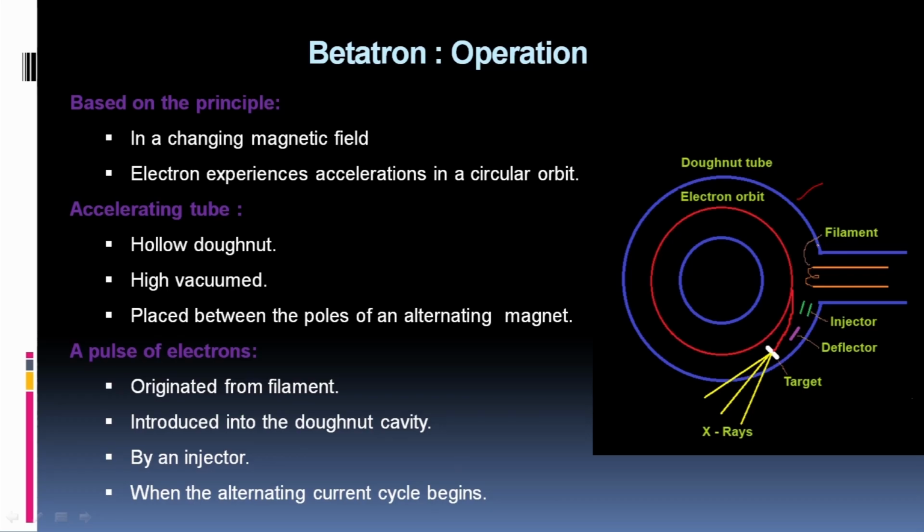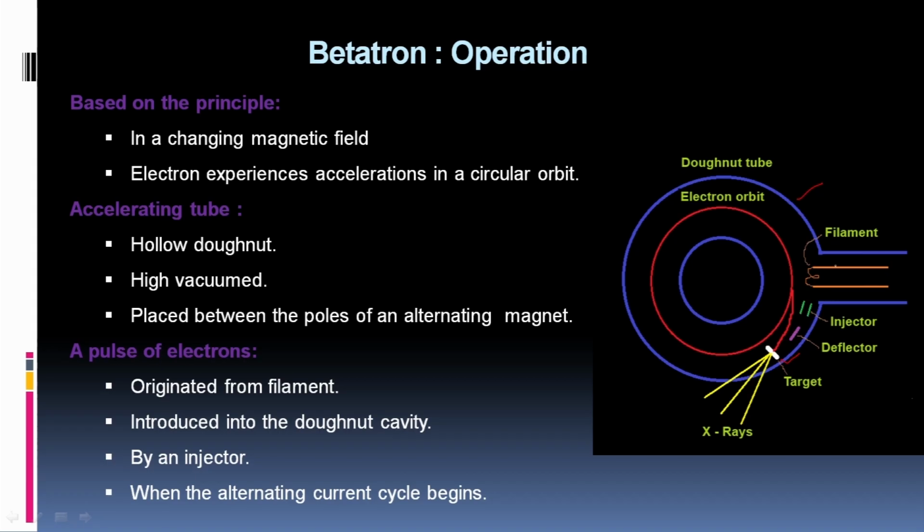In this schematic diagram you can see a filament which produces the electrons, this is the circular path of the electron, this is the injector, this is the deflector, and here we have a target.